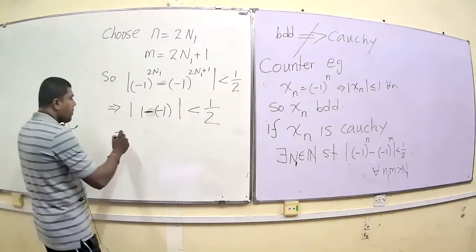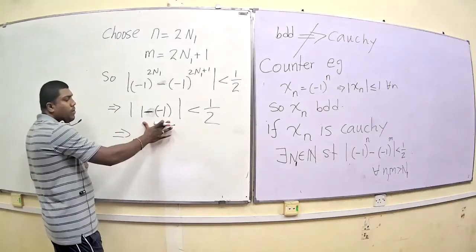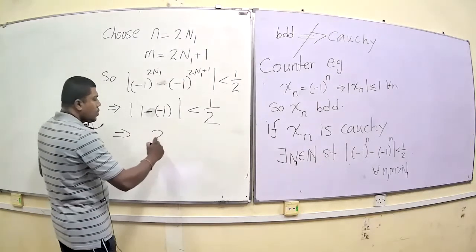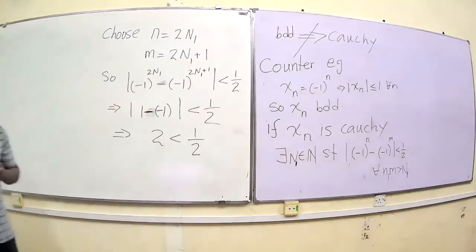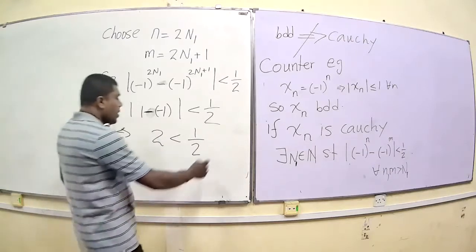So when you combine this, what you get is the absolute value of 2, that is, 2 is less than half. In that case, you can easily see that this cannot be true, right? 2 is less than 1 half cannot be true. So it is a contradiction.